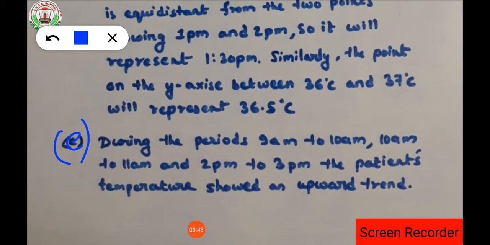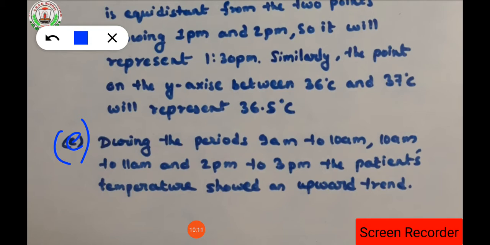Okay, first at 9 a.m. the temperature is 35.5 degree centigrade. That is the initial temperature. After that the temperature is going to increase, isn't it? So that is what we have to answer. Upward trend. Clear the meaning of upward trend? That means the temperature increases, that we have to answer.